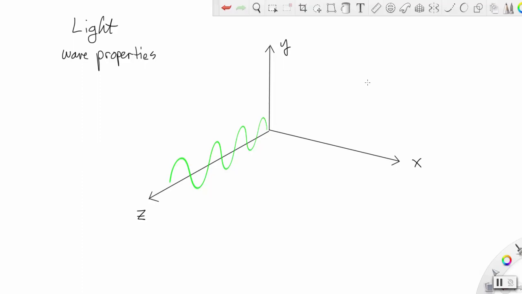Now, there's no reason that it has to go in the z direction, but I've chosen the z direction for our particular wave of light that we're looking at, and you can see that there is an E field here because it's green, right? At any given time, the strength of the E field is described by this graph.